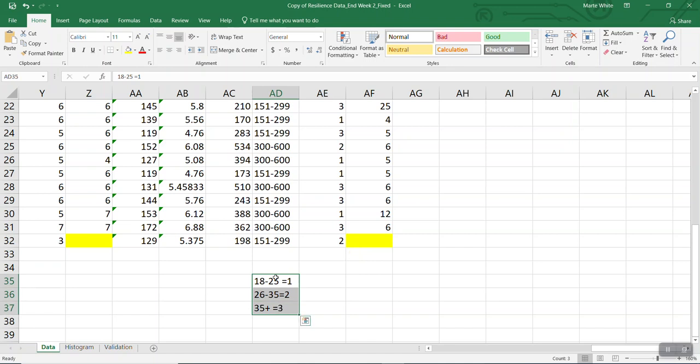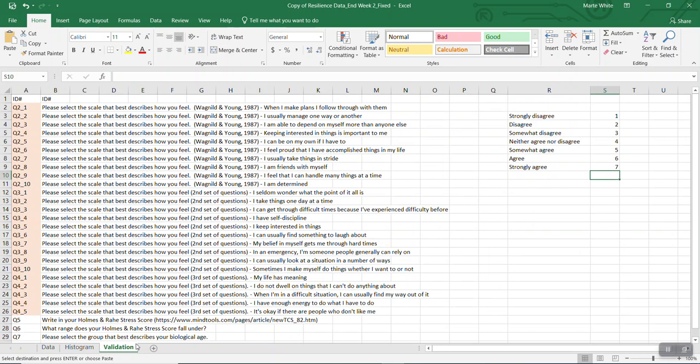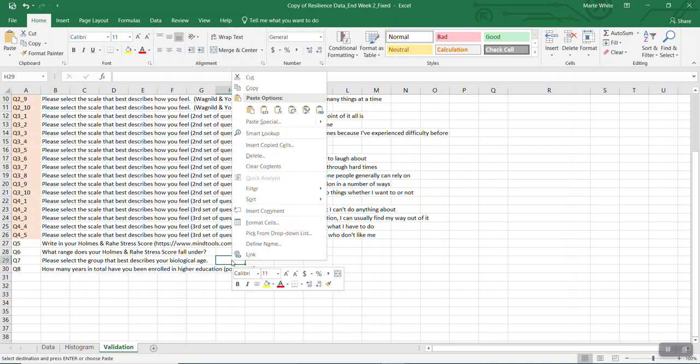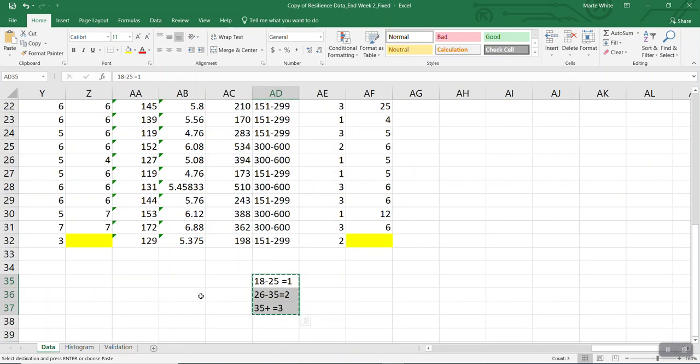Let's copy these and take them to our validation sheet, and put them in here under biological age. Let's transpose there. That way we have our code that we used for those also. Now let's go back to our data sheet. We can get rid of them here.